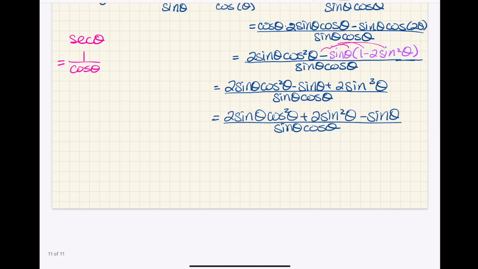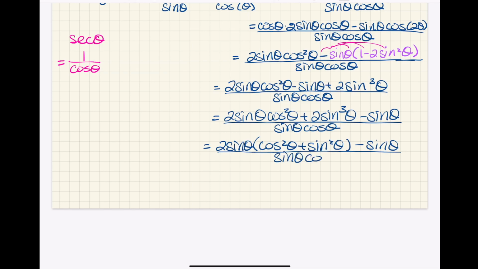Bring in the 2 sine cubed theta, which I miscopied, over with the first term, so that now I can factor out nice and cleanly the 2 sine of theta out of just the first two terms, giving us cosine squared theta plus sine squared theta minus sine theta all over sine of theta cosine of theta.